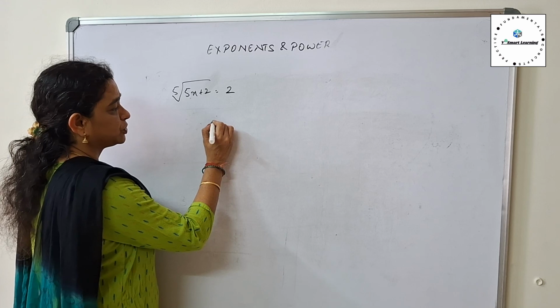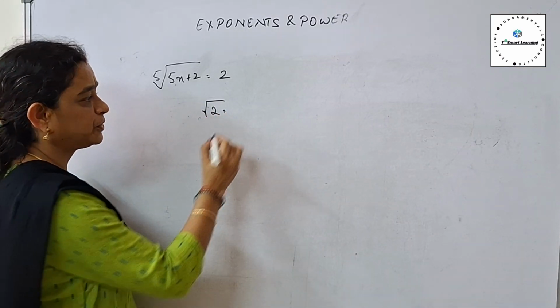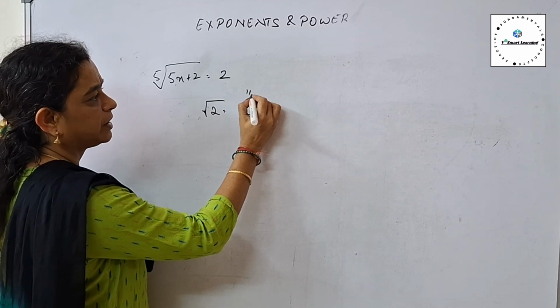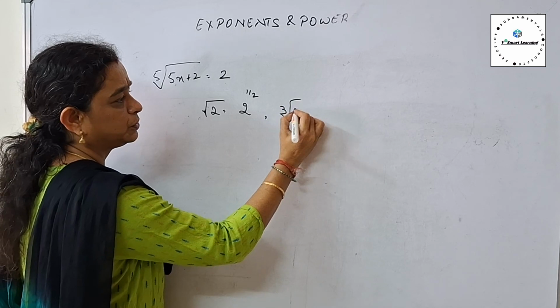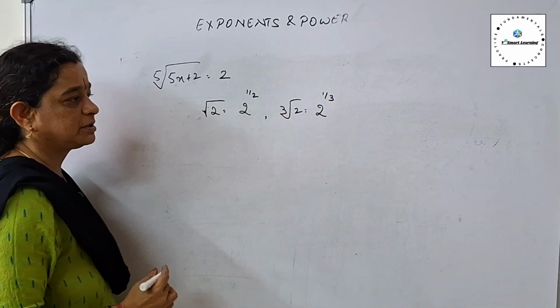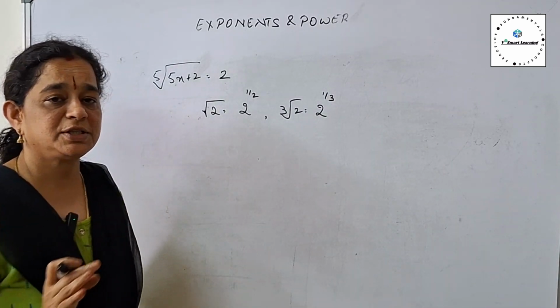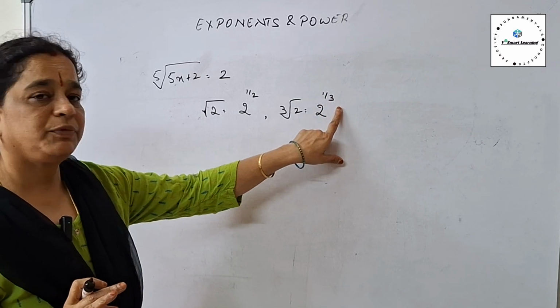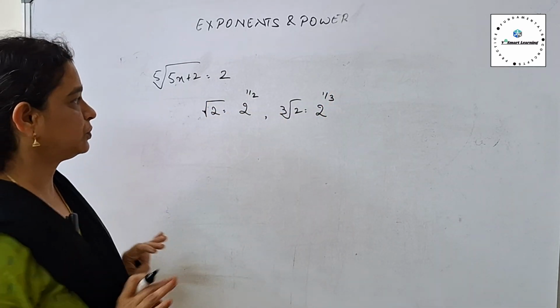Now you must know that a square root of 2 in the form of an exponent is 2 to the power of half. A cube root of 2 in the form of an exponent is 2 to the power of 1 by 3. This is what we call surds. Now all these laws of exponents will hold good when the exponents are rational numbers also.